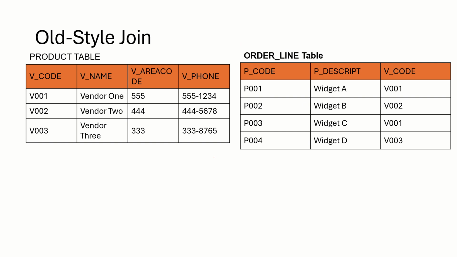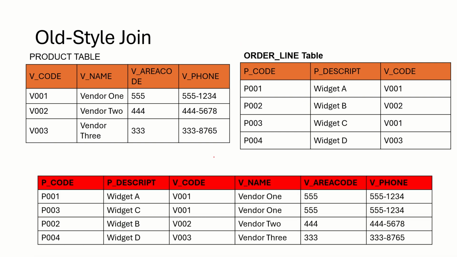We're trying to combine these two together. We have to find the shared column, and in this case the shared column is V code. Both tables have the V code, so we connect them together.